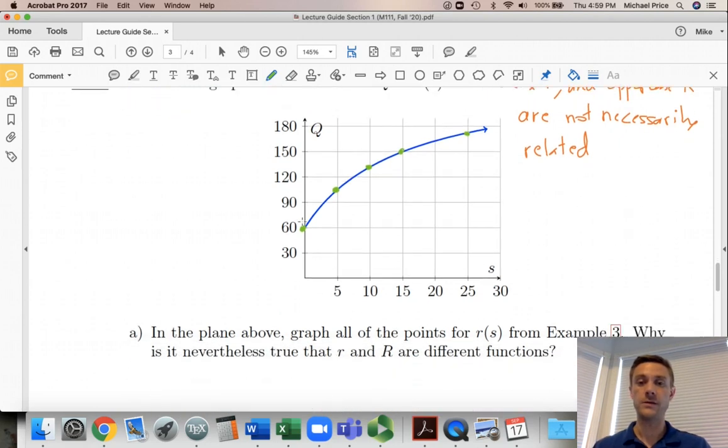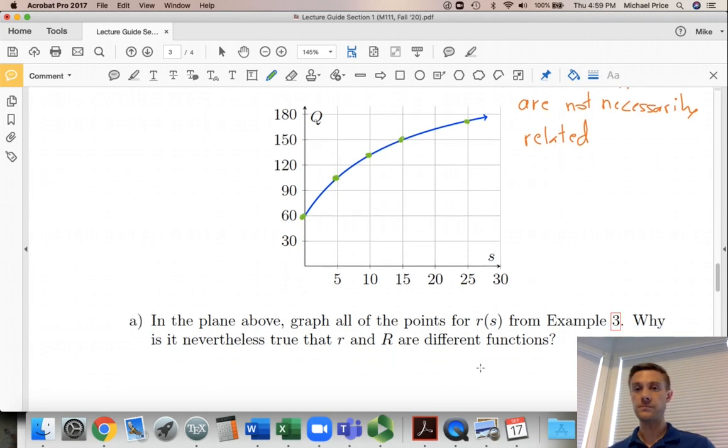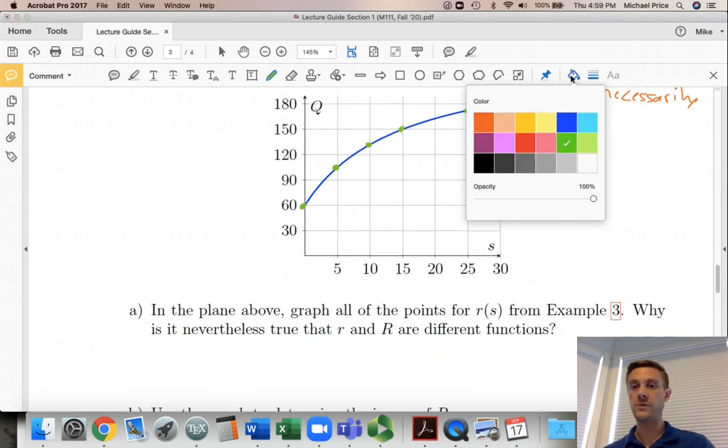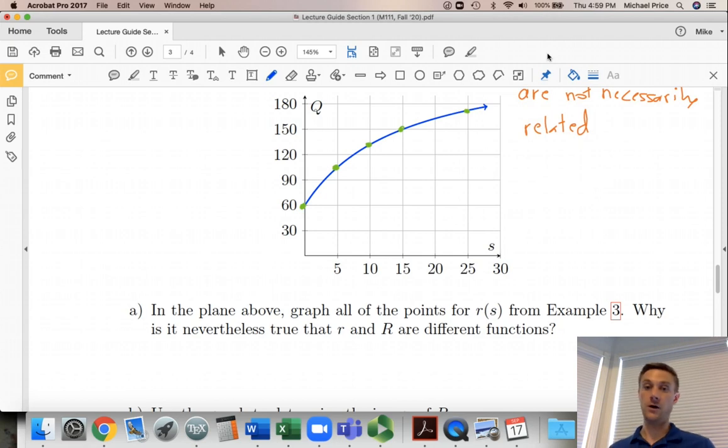So clearly something interesting has happened. All 5 points that we had from the table have fallen onto this new curve. But here's the thing. Even though all those points fall along that blue curve, why is it true that little r and big R are different functions? I guess the first argument would be, well, why would you think that they are the same function?